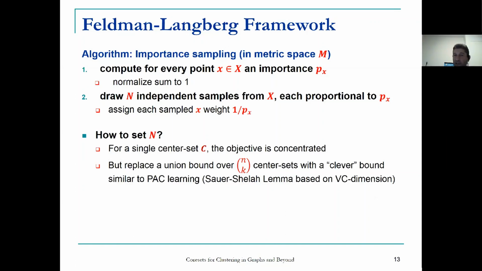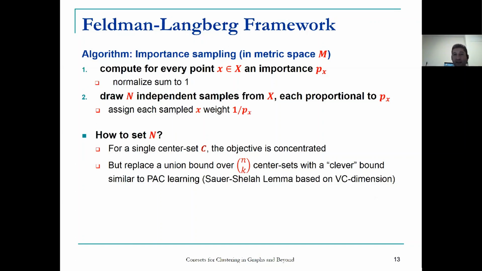The intuition, because I'm not going to go over the entire argument, which is not so short, is this. Suppose you had only one center set C that we cared about. Really, C could be any choice of k centers, but suppose we only had one choice of interest, maybe the optimal choice. Then, because you're doing unbiased sampling, it's easy to see that the objective is concentrated. You use something like a Hoeffding bound.